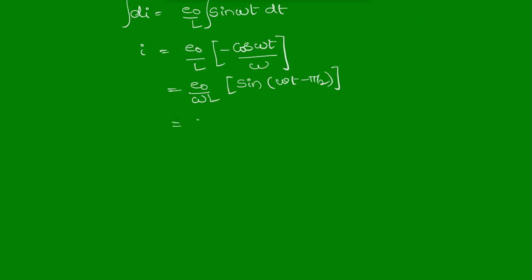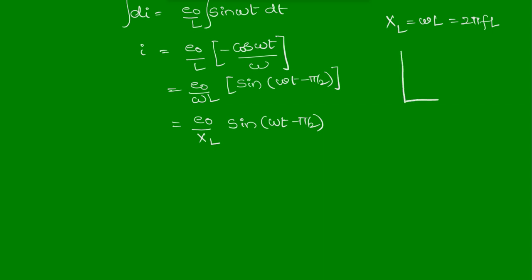So now here this omega L will introduce a new term called XL, that is called inductive reactance, in sin omega t minus pi by 2. So this XL is equal to omega L, or we can write it as 2 pi fL, the inductive reactance, as it is directly proportional to frequency.